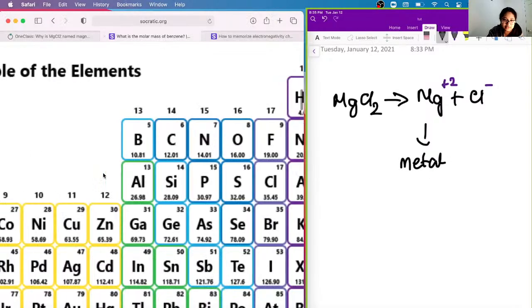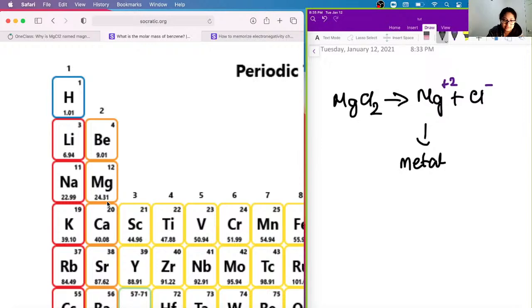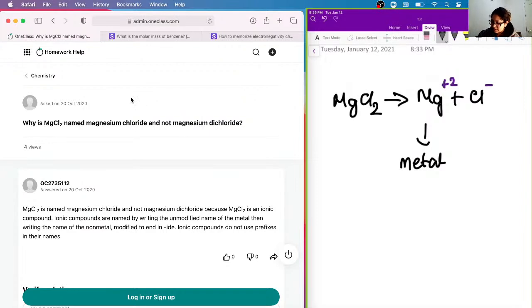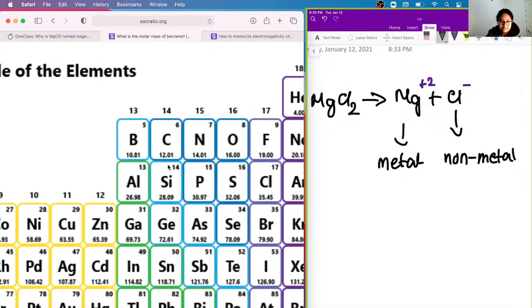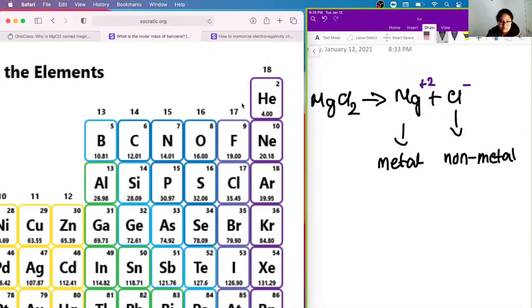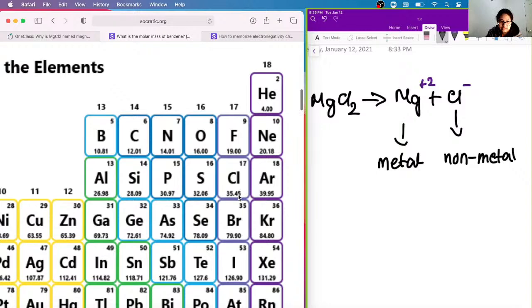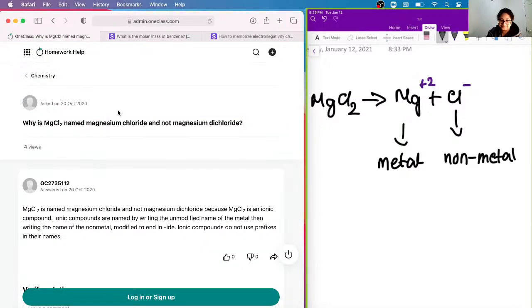Looking at our periodic table here, this is group 2, so these are your metals. And chlorine is a non-metal. This is group 7, it's a halogen, so it is negative. It has a charge of -1.